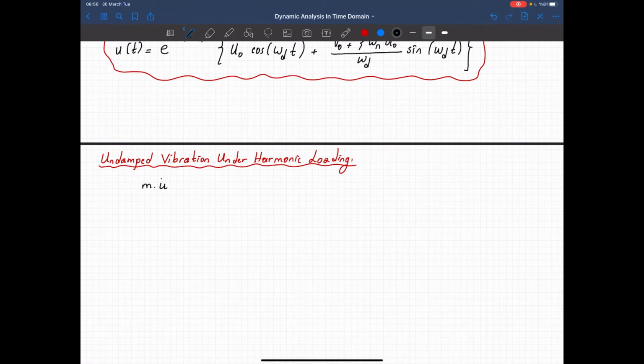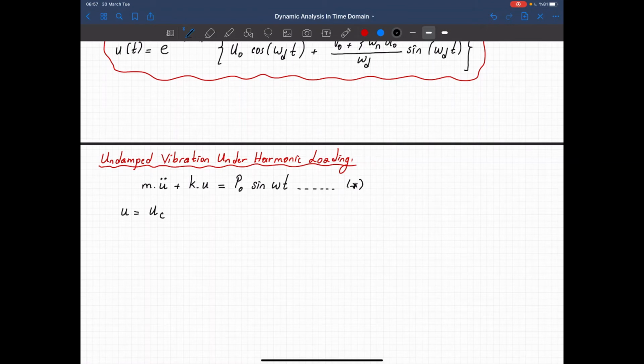So m times u double dot plus k times u will be equal to, I'm defining the harmonic load as follows, P0 multiplied by sine omega t, where omega is the frequency of the loading. Again, let's call this one our equation star. Now in this type of differential equation, we will examine the solution in two parts.